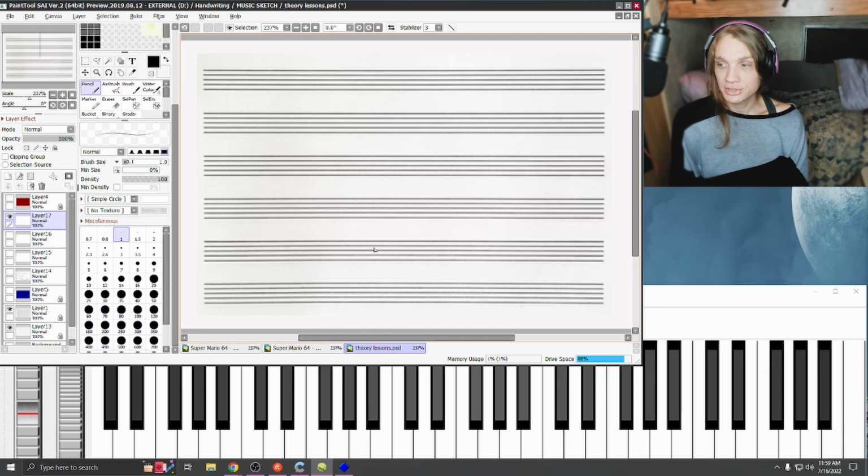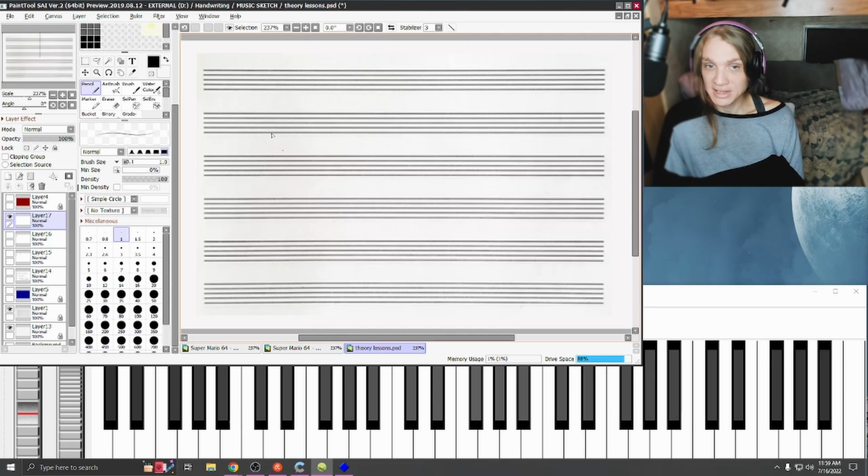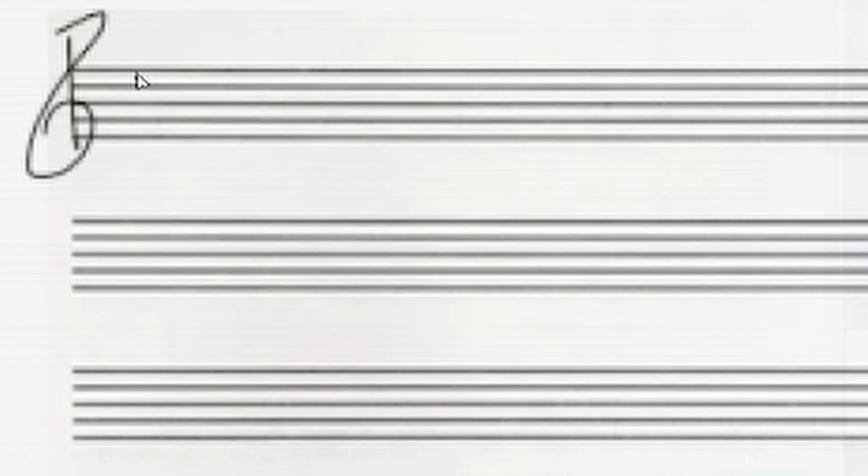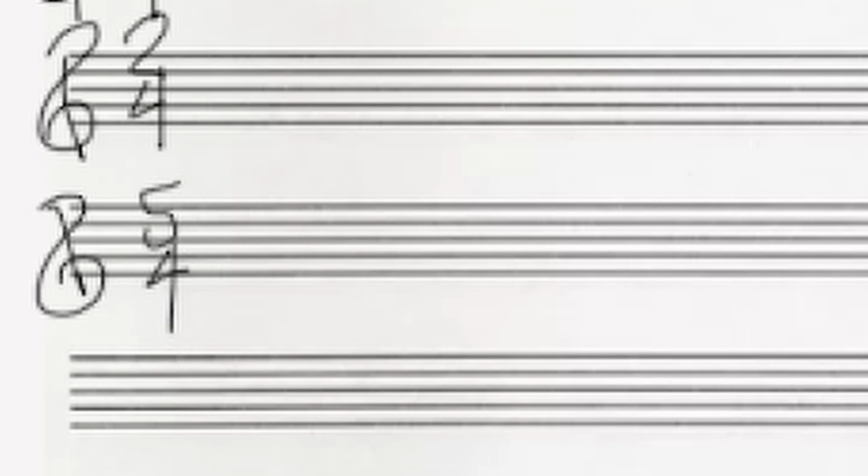Most people are introduced to music and they learn basic time signatures. So they learn 4/4, or they learn 3/4, and variations of that, such as 2/4, and possibly 5/4.